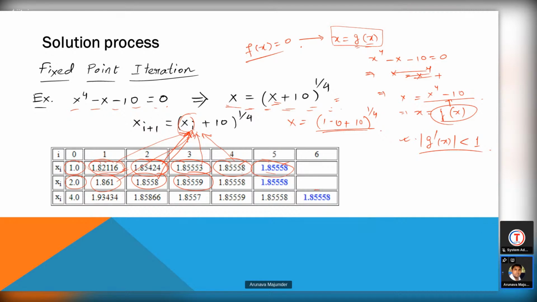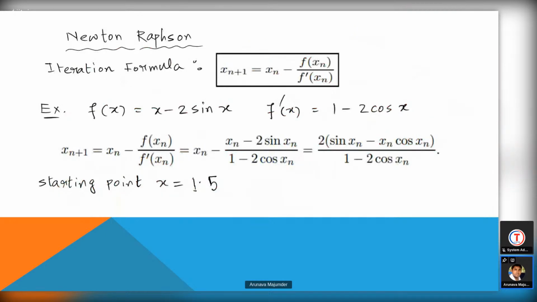So this is the fixed point iteration technique. But remember, it depends on your choice of what kind of equation you choose. Not all equations are convergent. Now a second method is Newton-Raphson, which is another very effective formula, and the convergence rate is very high. That is, the speed of convergence here is very high.